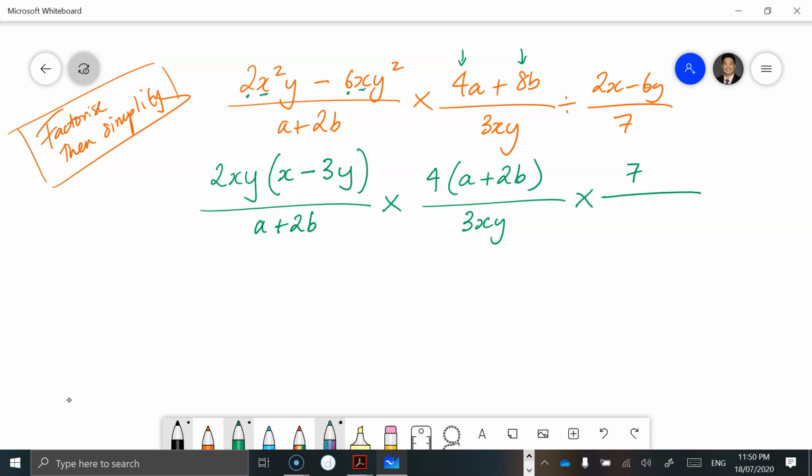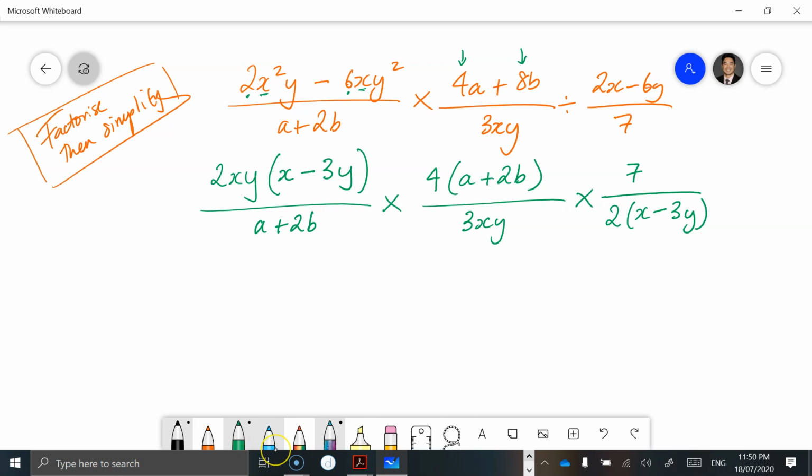Common factor is 2 again. No letters that are in common. So we're going to have x minus, and then 6 divided by 2 is 3y. And so I factorize that part. Because it's dividing, we're going to flip the fraction, change it to a times.